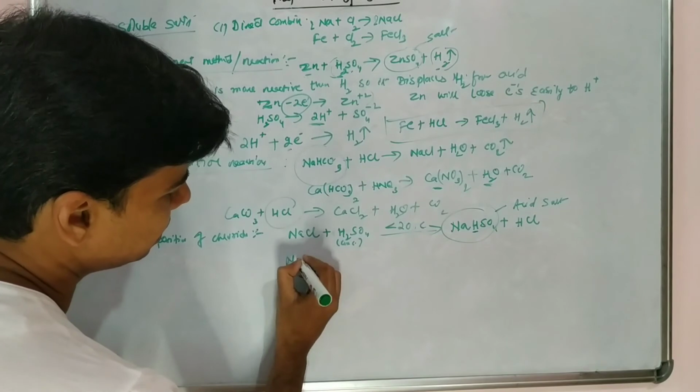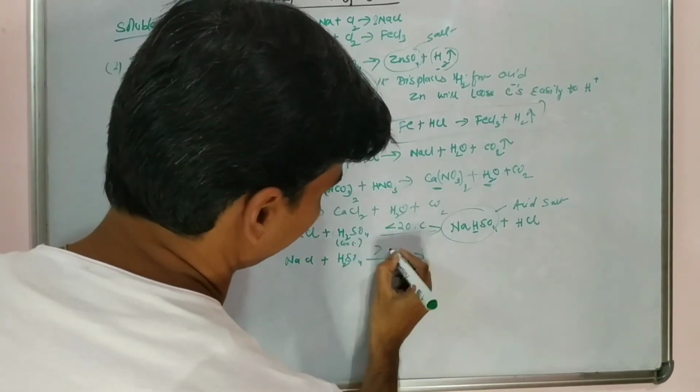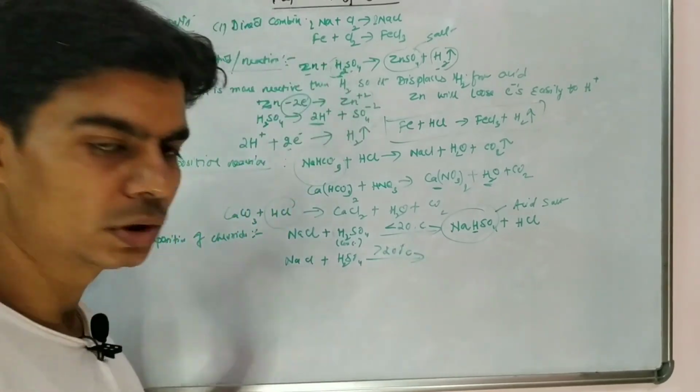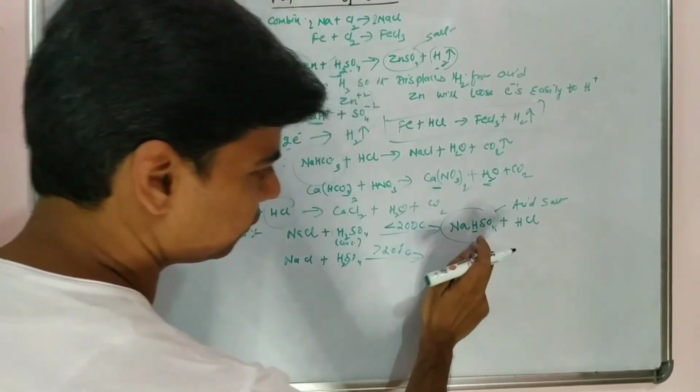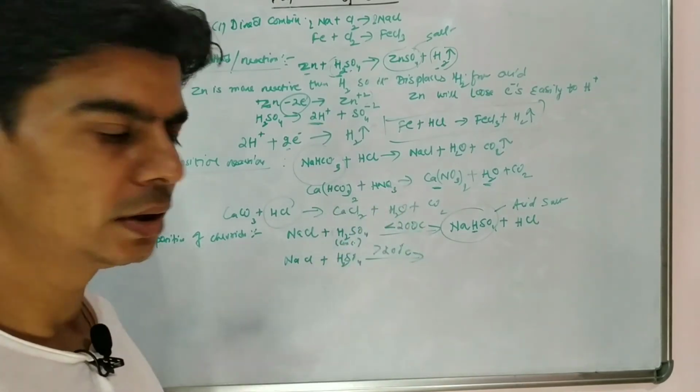And if we increase the temperature of the reaction to more than 200 degrees Celsius, you will get a normal salt, Na2SO4, plus HCl. The acid salt was formed when the temperature was less than 200 degrees Celsius.